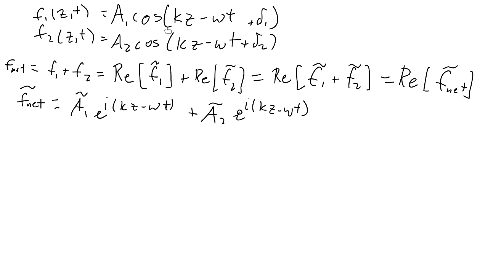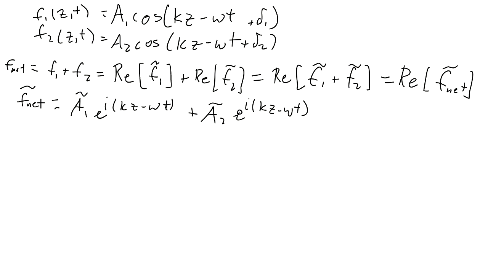Oh, right here. Remember, our complex amplitude contains the real amplitude times the e to the i delta. The phase constant is folded into these complex amplitudes. So I can take these things now, and notice we've got a common factor of e to the i (kz minus omega t).